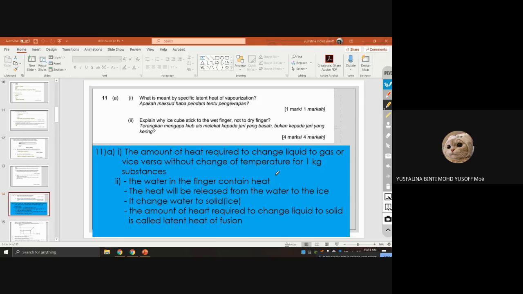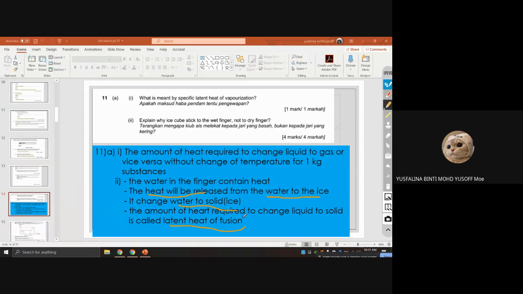So when it touches the ice, the heat will be released from the water to the ice, and then the water will change to solid, that means ice, right? The amount of heat required to change liquid to solid is called the latent heat of fusion.